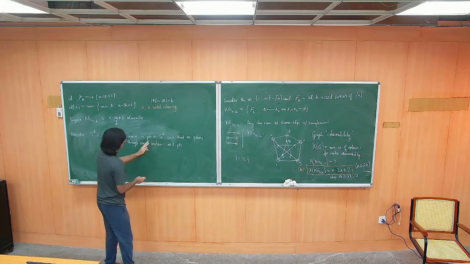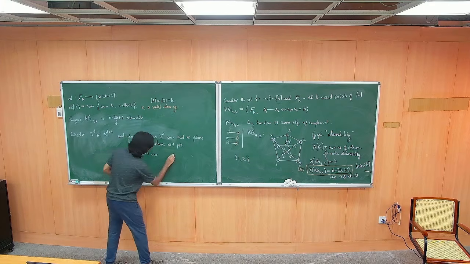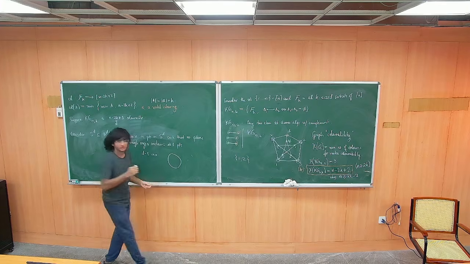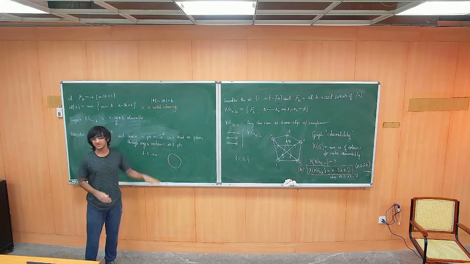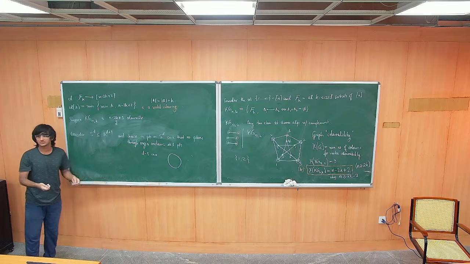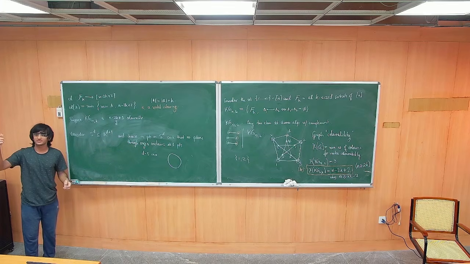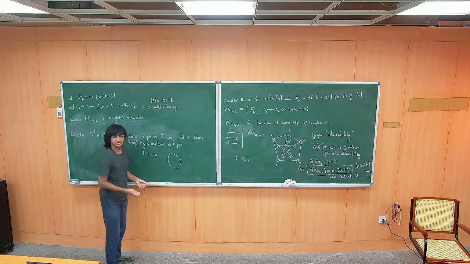But for the D equal to 1 case, what does this mean? You have a circle and you want to choose n points so that no two of them lie on a plane passing through the origin. What does it mean to be a plane in R2? A line. So I want to choose n points so that no two of them lie on a line passing through the origin.